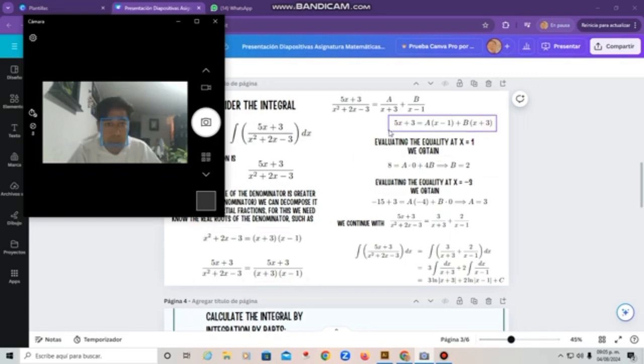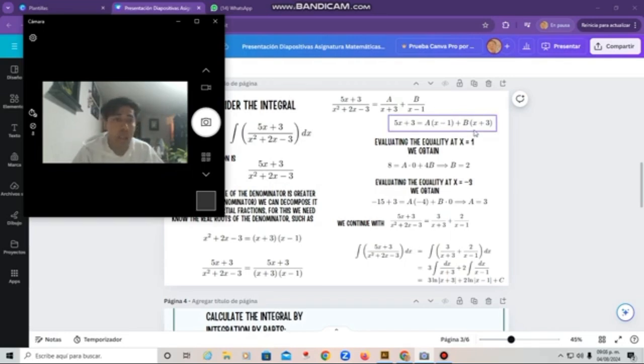Well, to determine the constants, we can use one of the known methods. For example, multiplying both sides of the expression by the denominator. So 5x plus 3 is equal to A(x minus 1) plus B(x plus 3).